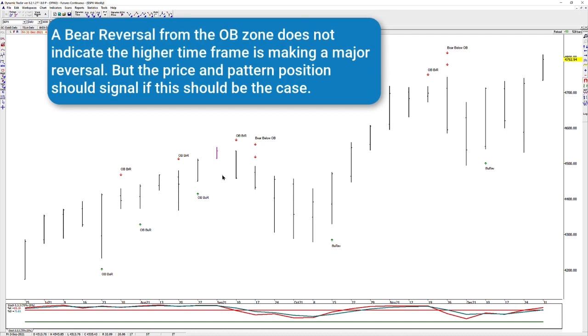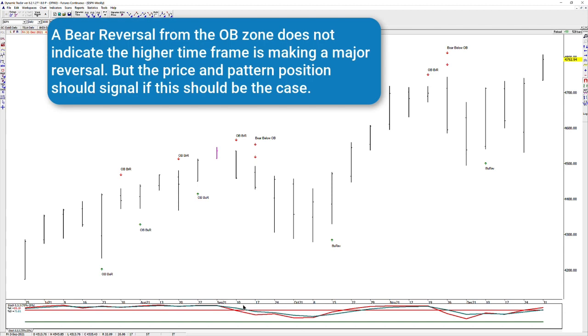But that's where the price and pattern comes in. If the market is in a position from the price and pattern to complete a trend that's maybe lasted several weeks, and then the weekly makes a bear reversal in the overbought zone, that would be a setup that might trigger the completion of that pattern.